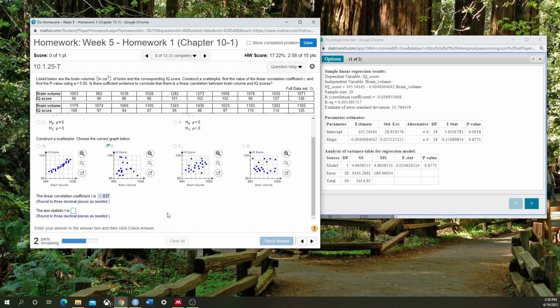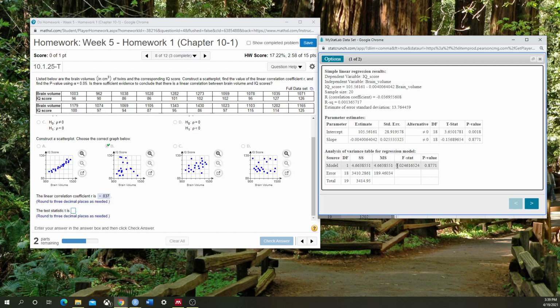The test statistic is... Here the test statistic is trying to trick us a little bit. The test statistic was the linear correlation coefficient, but here I believe we're talking about this one, or this one.